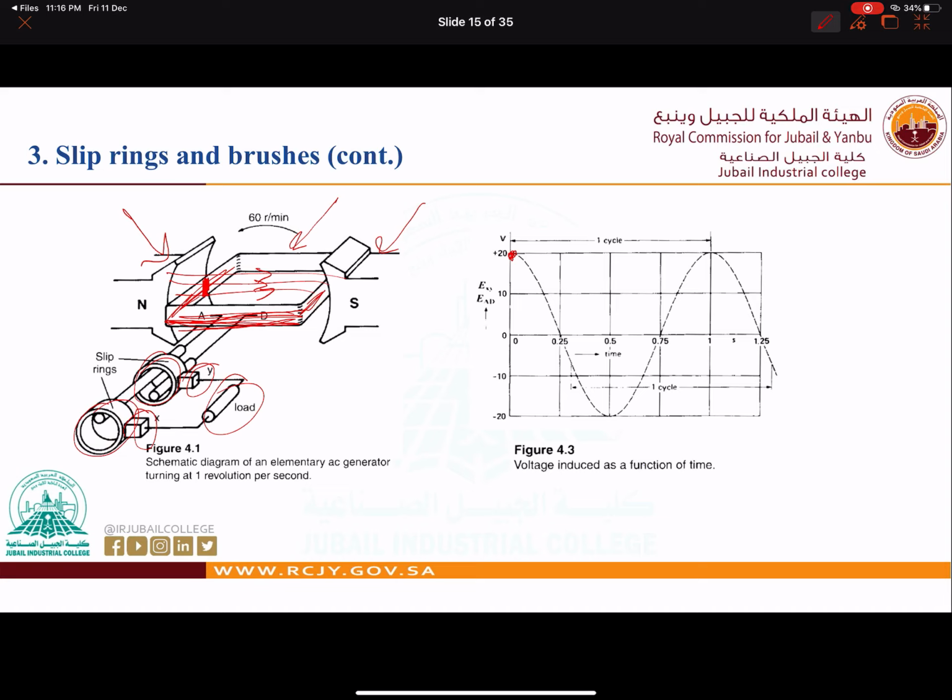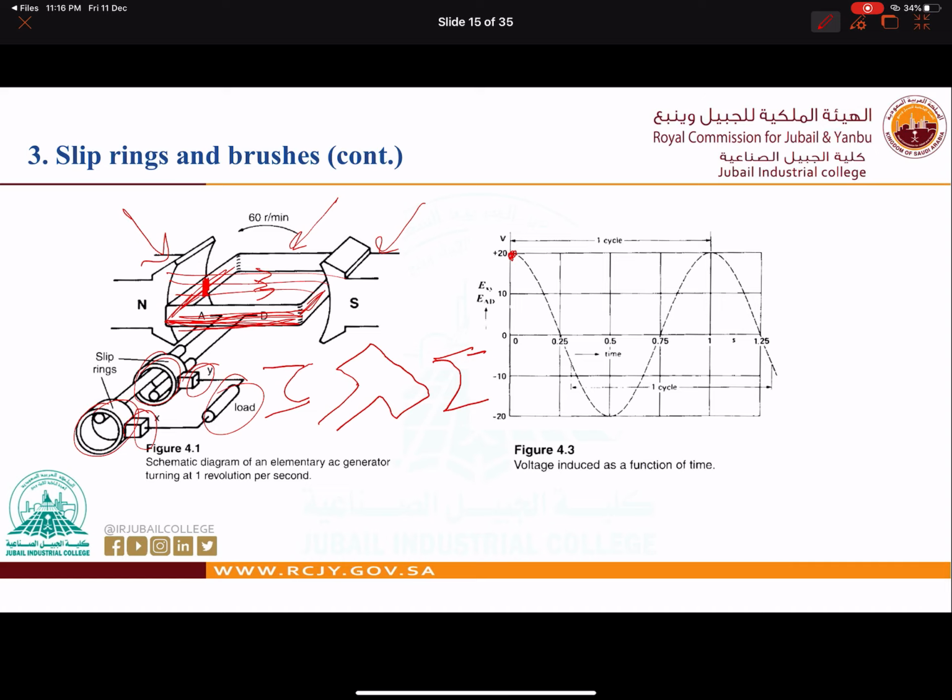So if we have the coil in this way, with our poles, in this direction the cross-section area will not be covered by all the magnetic field.